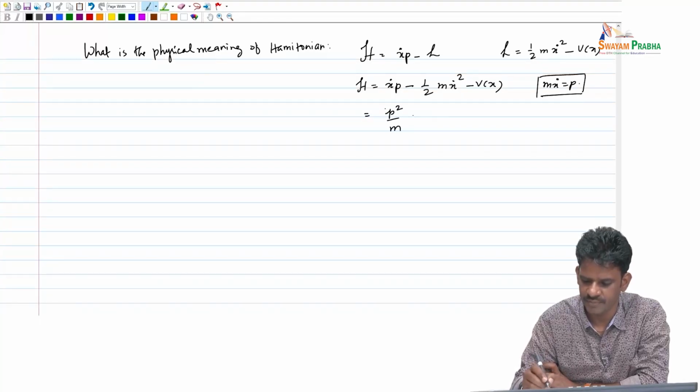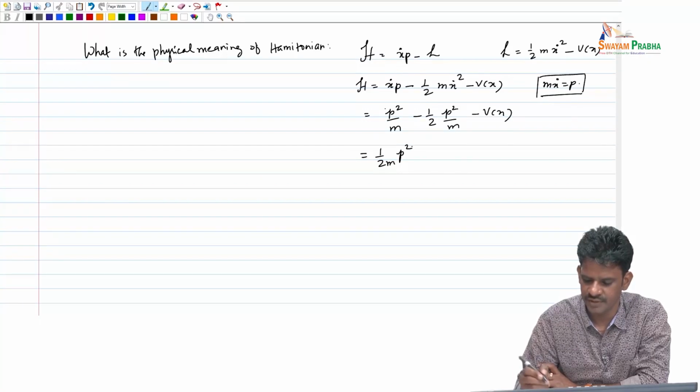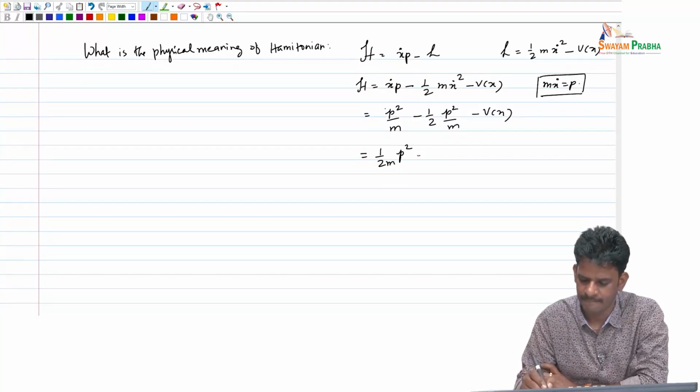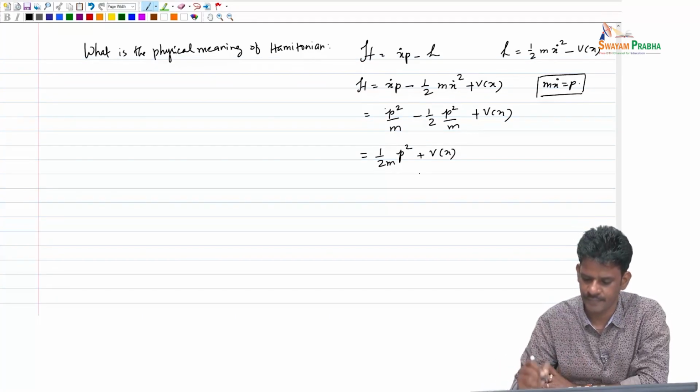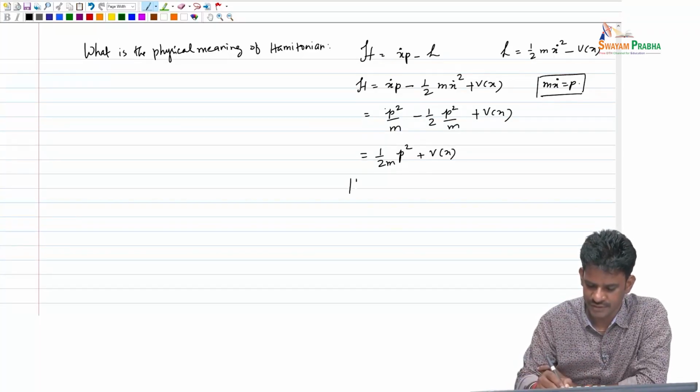p square by m minus 1 by 2 p square by m minus V of x, and this gives p square by 2m, minus V of x. Okay, actually there should be a plus here, yes, and this is nothing but the total energy.